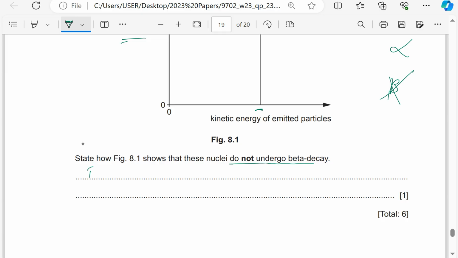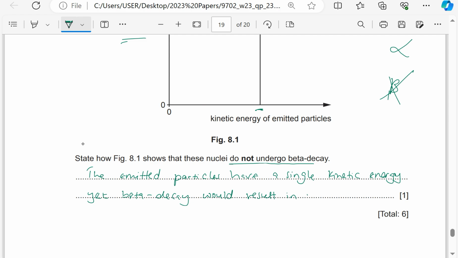So we see that the emitted particles have a single kinetic energy, yet we know that beta decay would result in a continuous range of kinetic energies.